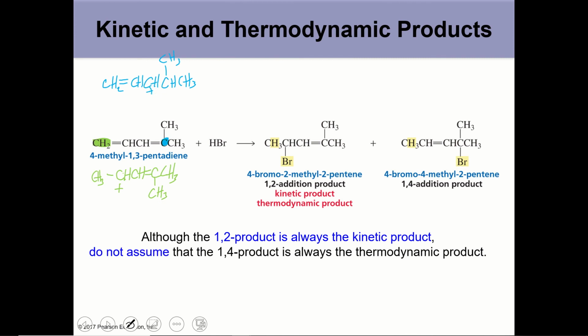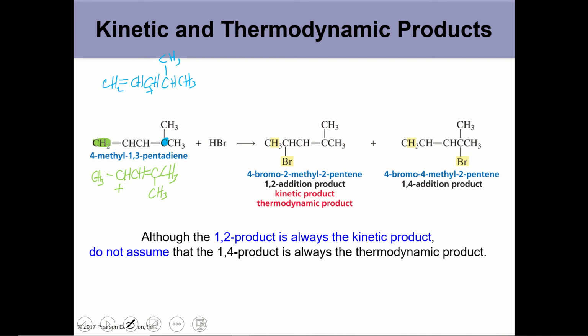And those 2 cations are equally stable. They're both secondary allylic cations. Okay, but the pi bond is not equally stable.